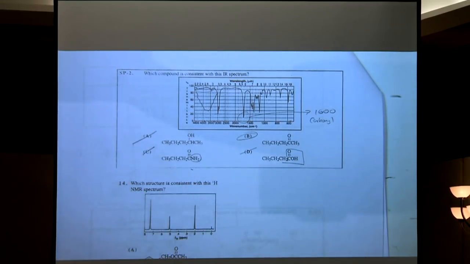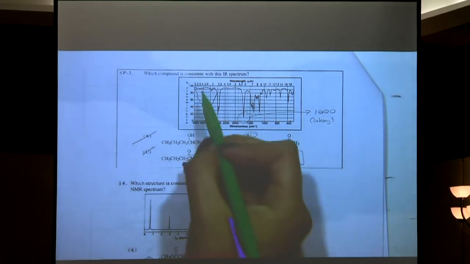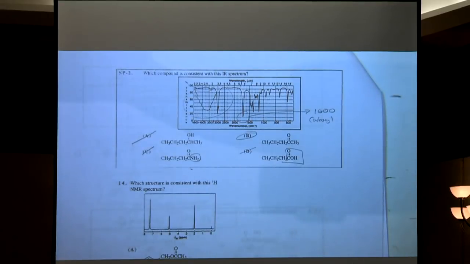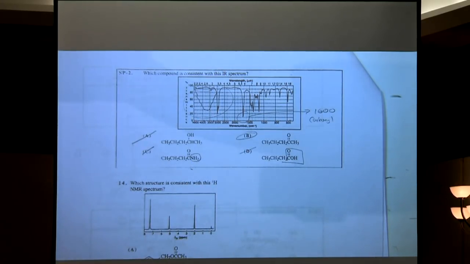Carboxylic acid looks the same, but it's a little more exaggerated than OH. So it should be around the same range, but it should look kind of like that for carboxylic acids. And then for the amide, we're going to see one later on that looks kind of like that.